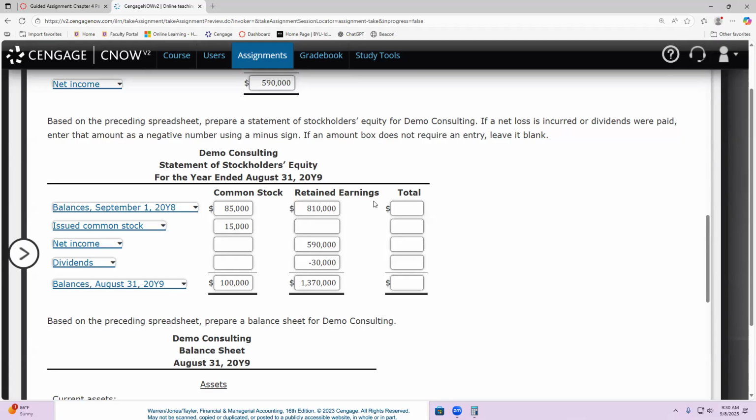Now to find our balances, we just add them up. 810,000 plus 85,000 is 895,000. Common stock issued, 15,000. Net income, 590,000.